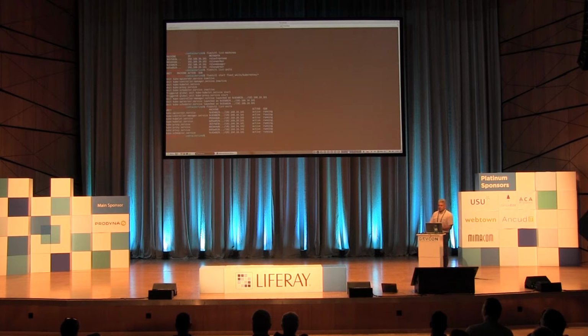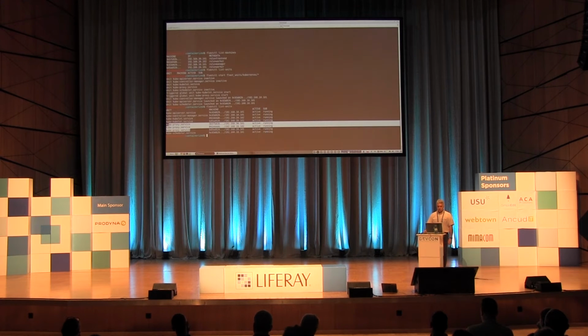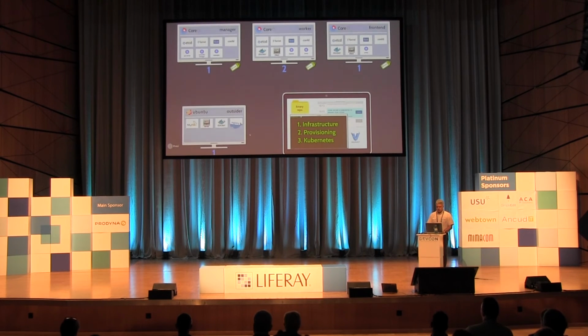So if I do list-units again, now I see I have a bunch of units running. API server, controller manager, and scheduler are all on the same machine. I have 3 proxies running on 3 different machines and 2 kubelets running on 2 different machines. OK, that's cool. I have Kubernetes up and running.